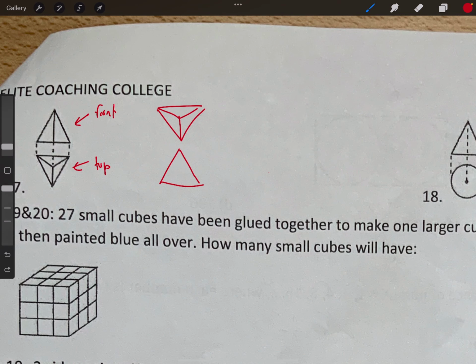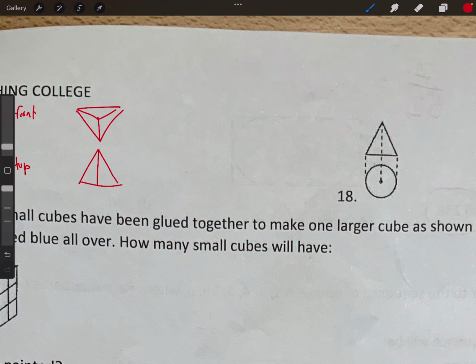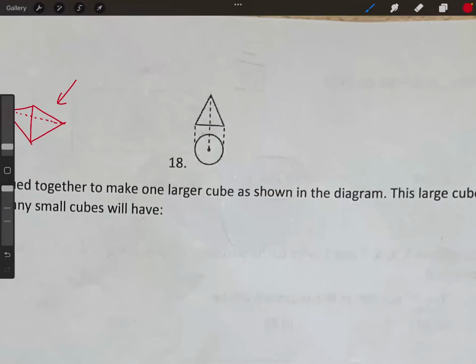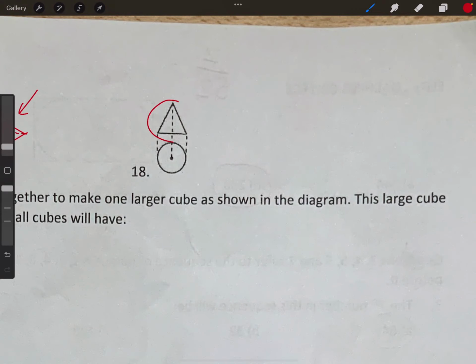So it might look something like this. There you go. What kind of shape is that? Now this one's upside down, I believe. It's supposed to be like this.